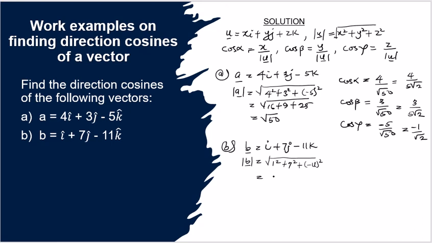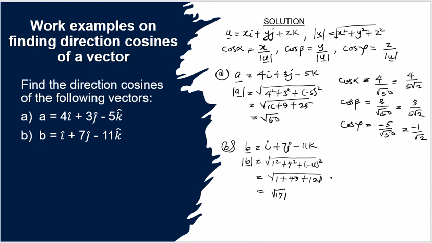So that gives us the square root of 1 plus 49 plus 121, which gives us the root of 171.